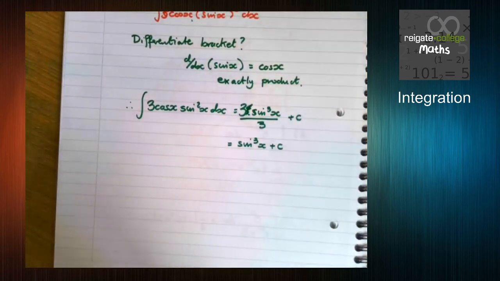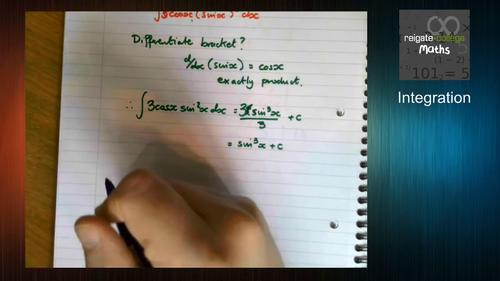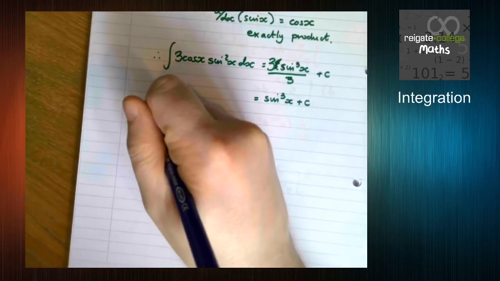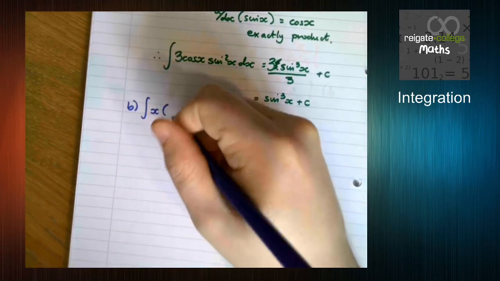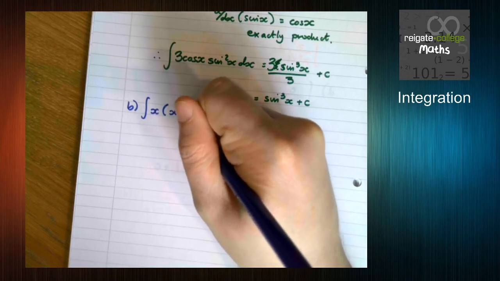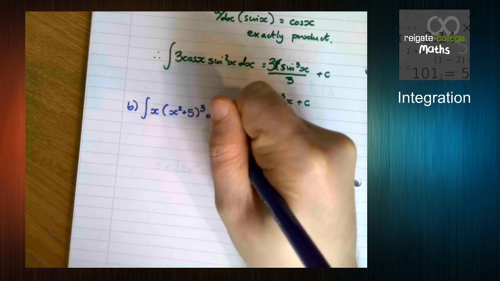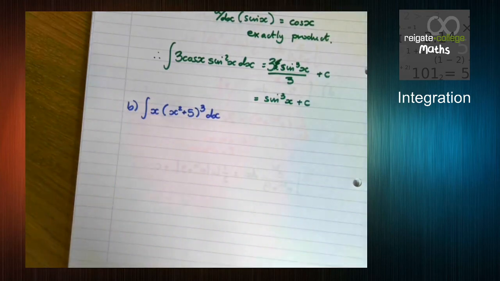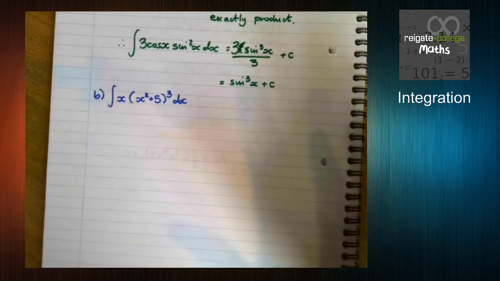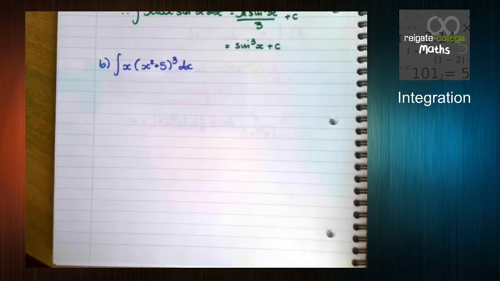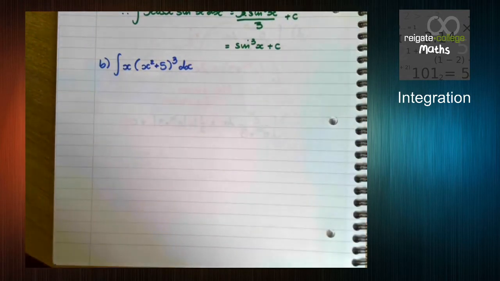One more example. We're integrating x times x squared plus 5, all cubed. So again, like we did before and with the fractions, let's think about what happens if we differentiate the bracket.